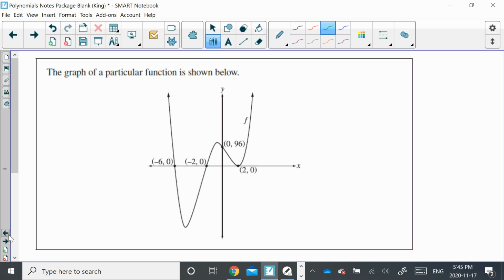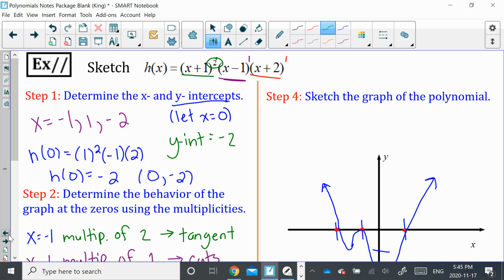So we always have a leading coefficient. How we normally write it is usually an A value, and we put it in front of our factors. And in this example, the A value would be equal to 1, okay?